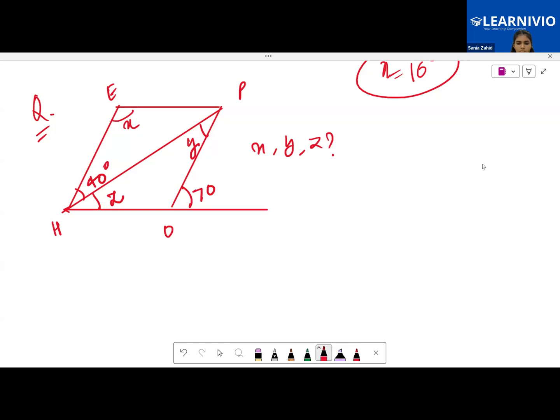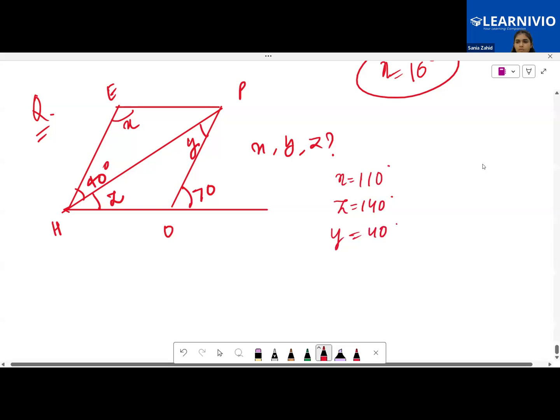Yes, ma'am. What's the answer? Ma'am, x is equal to 110 degrees. Ma'am, z is equal to 140 degrees. And y is equal to 40 degrees. Okay, and Amar, what are your answers?